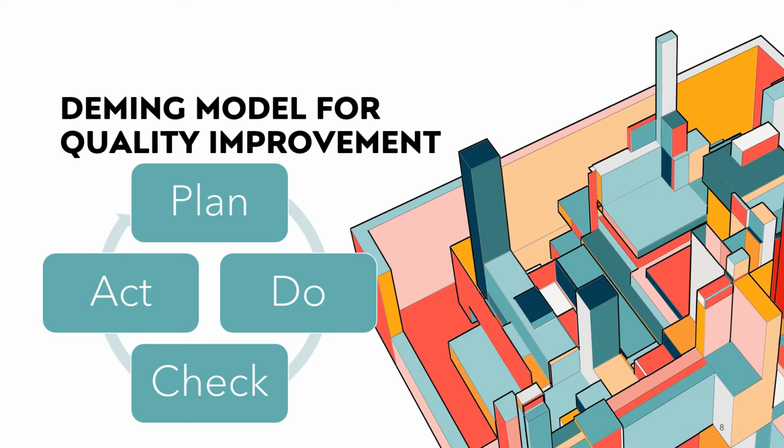The same thing can be said for Deming's model for quality improvement. Plan, do, check, act is not that different from assess, plan, implement, evaluate, reassess.